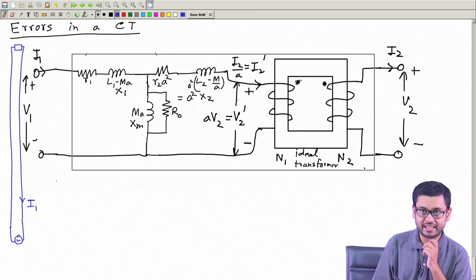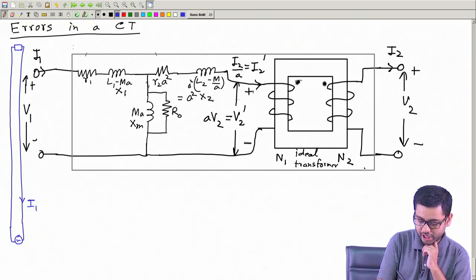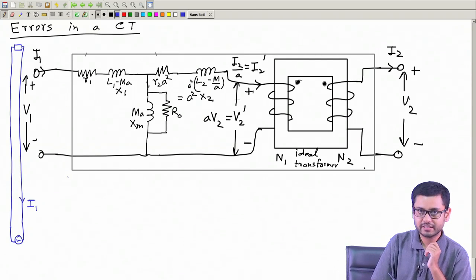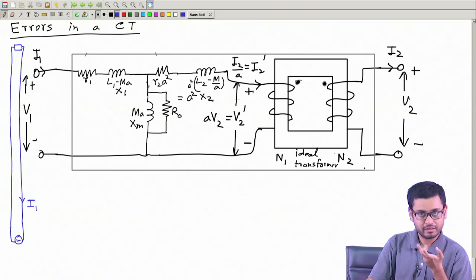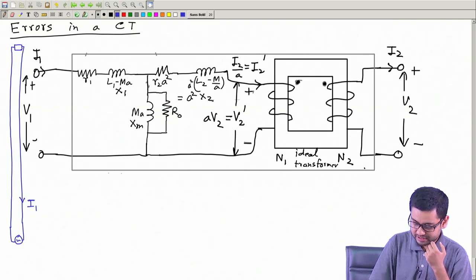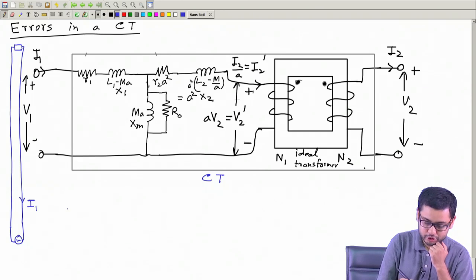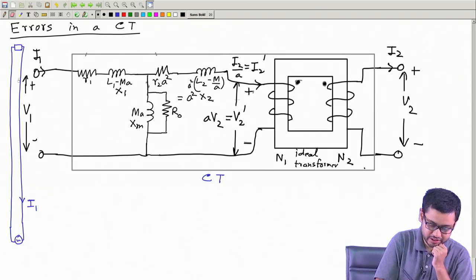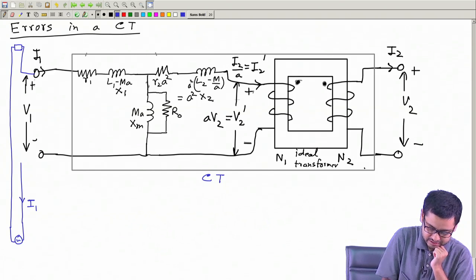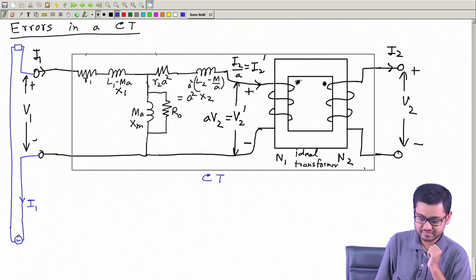So we will take a CT. Now this is our CT. This is the equivalent circuit of a practical transformer, so this can also be an equivalent circuit for a practical CT. So this thing is our CT. We will open the line and connect the CT in series.